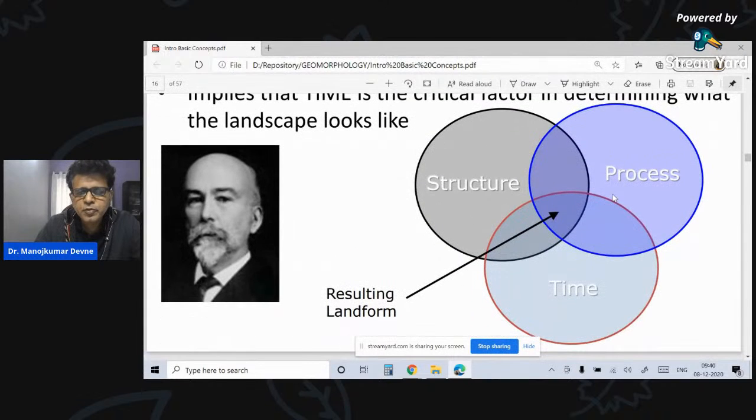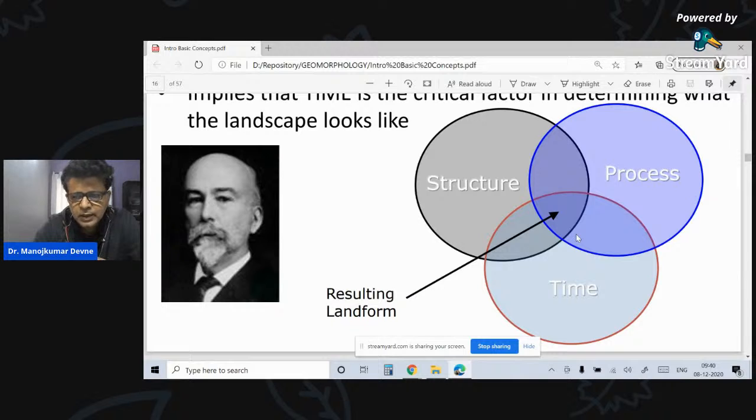So structure, process, and time are the three constituents, he says, that are important. And having said that, he gives this famous phrase saying that a landscape is a function of structure and process over a period of time. Okay, and a confluence of all of this is a resulting landform.